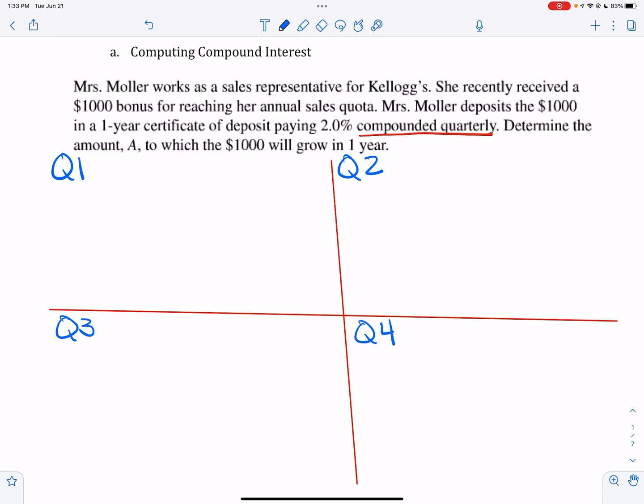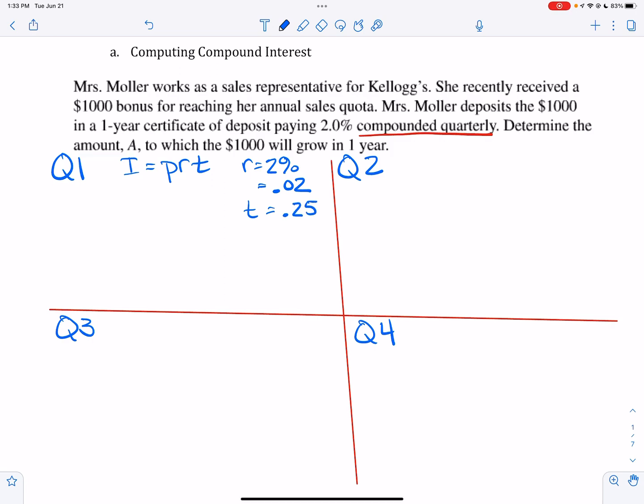So we are going to use the simple interest formula for the first one because interest is always equal to principal times rate times time. So just to make a few notes, my rate is 2%, which converts to 0.02. My time is a quarter of a year, which is 0.25.